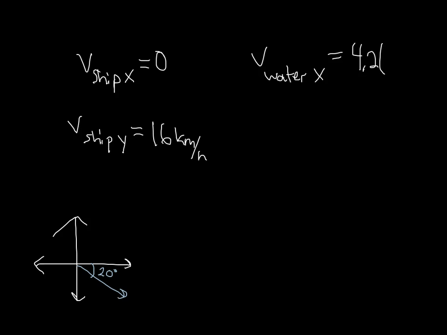And is that times the cosine or the sine? Oh, cosine, sorry. That's the adjacent side to my angle, so that's going to be cosine. 4.2 times the cosine of 20 degrees. So I have V water in the X direction. When you multiply this out, you'll get 3.9 kilometers per hour.